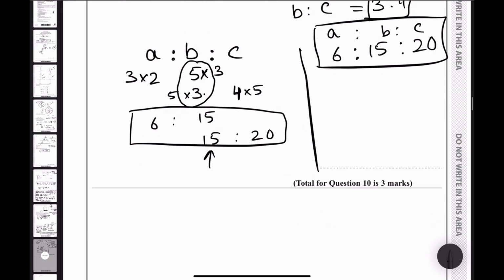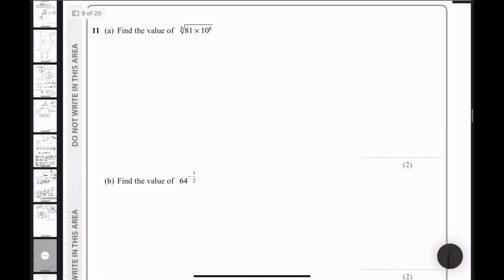Now let's move on to the next one. Number 11. It says find the value of root of 4 of 81 times 10 to the power of 8. So let's split it up. It can be written as root 4 of 81 times, I'm representing dot with multiplication sign, root 4 of 10 to the power of 8.